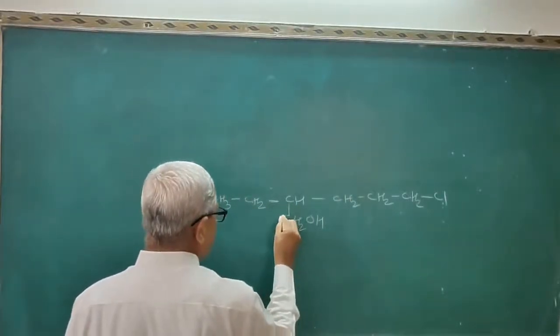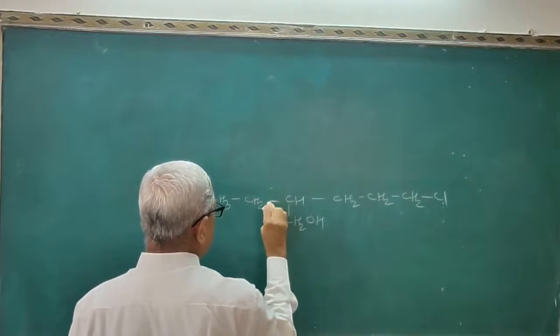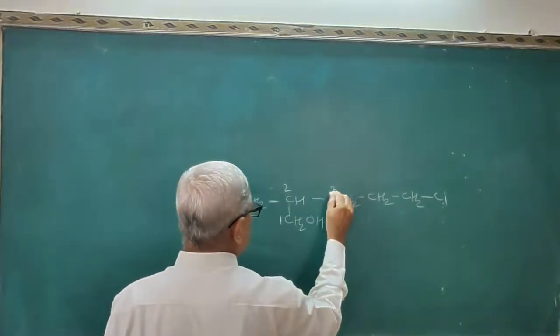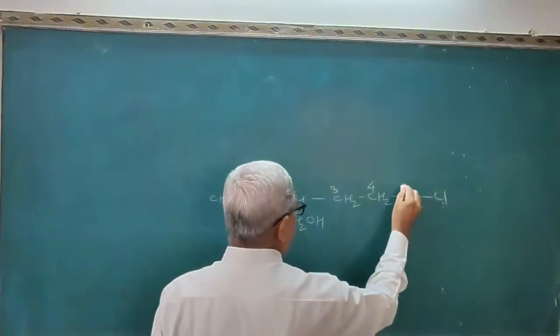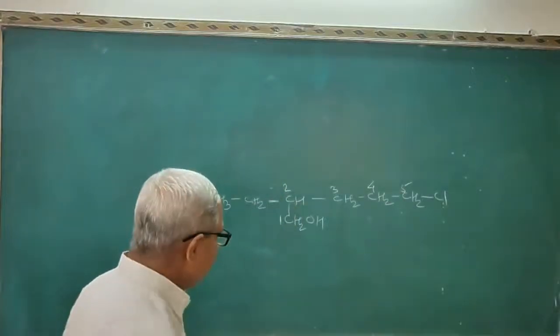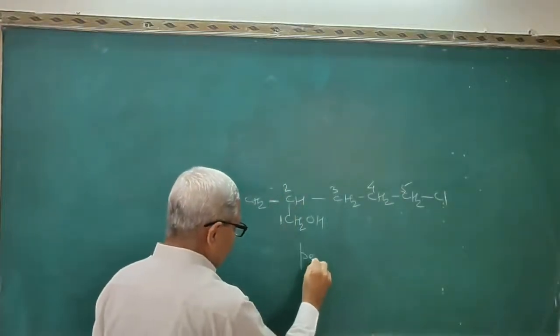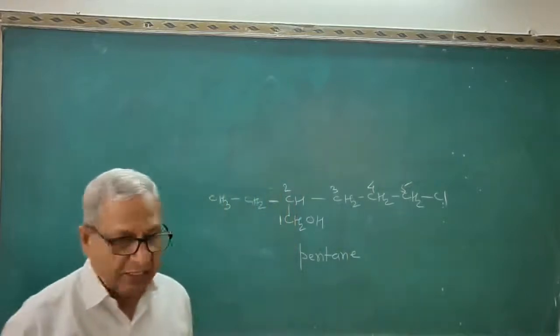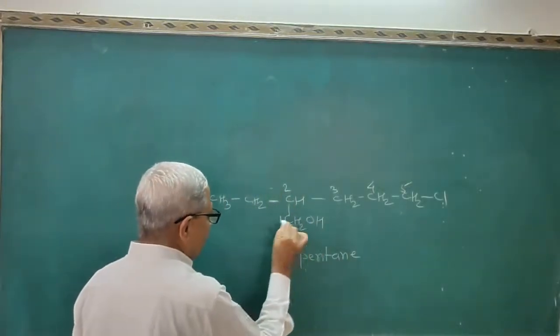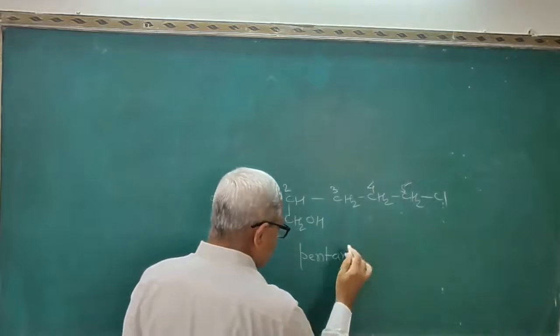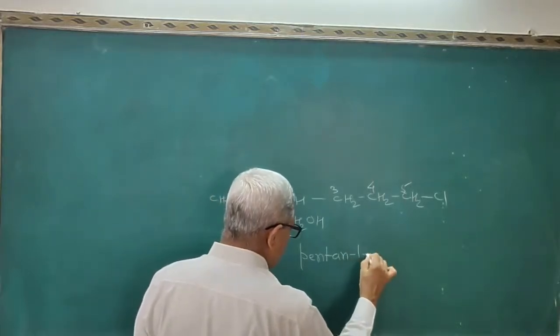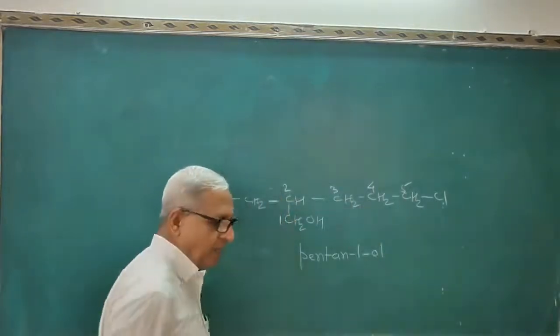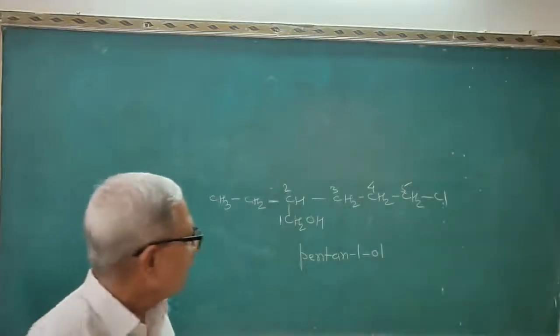So the numbering must be from here: 1, 2, 3, 4, 5. 5 carbon atoms are in a straight chain. Therefore, the derivative is pentane. The OH group is attached to the carbon number 1. E is substituted by 1-OL.